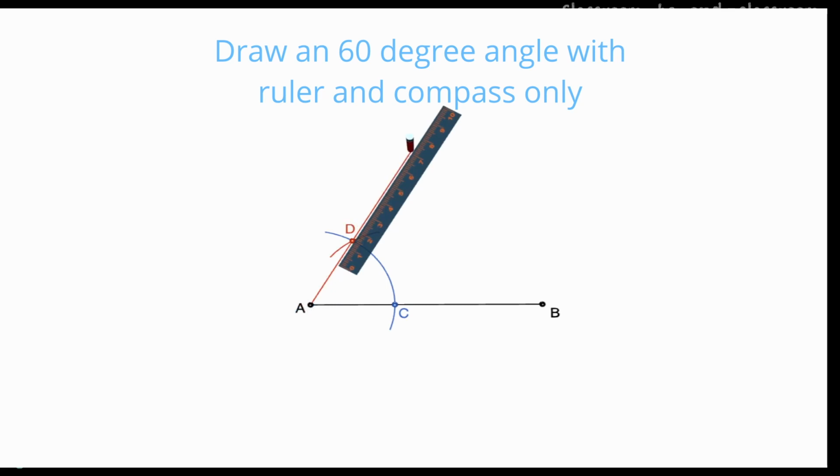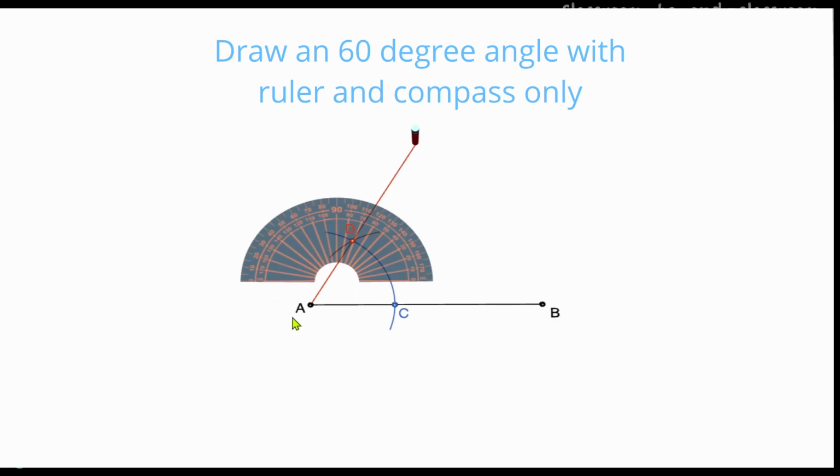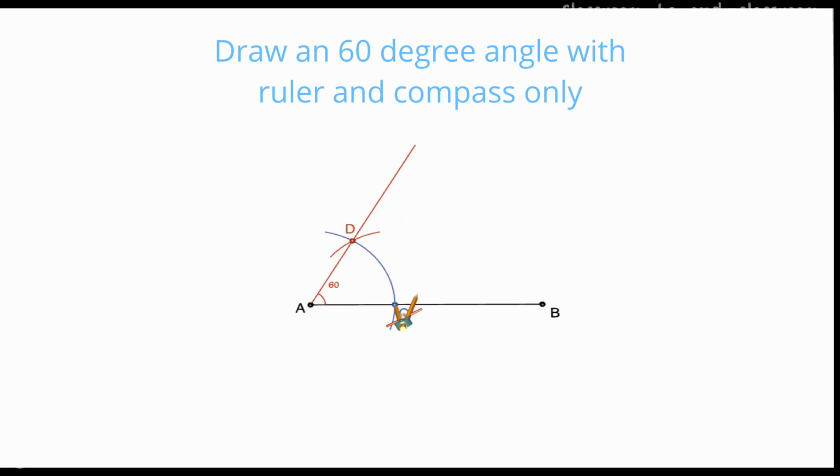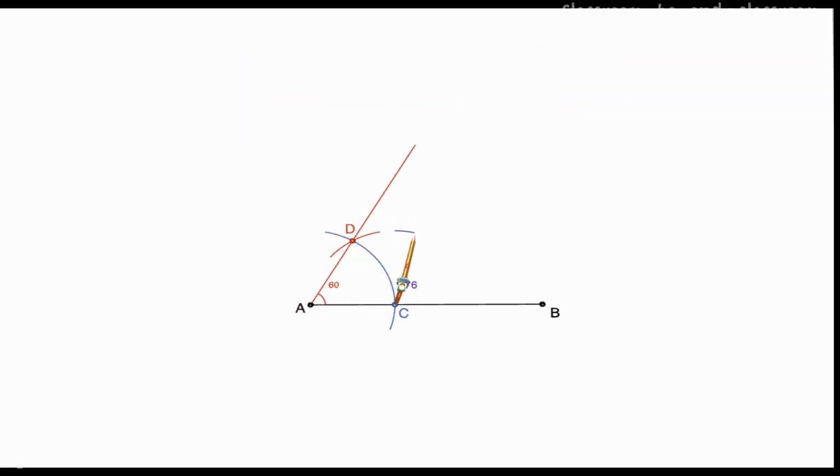So we join AD and extend it to another point. BAD is the angle which is 60 degree. Now we can check whether it is 60 degree or not. If you measure it with the help of a protractor, you can see the angle is 60 degree.